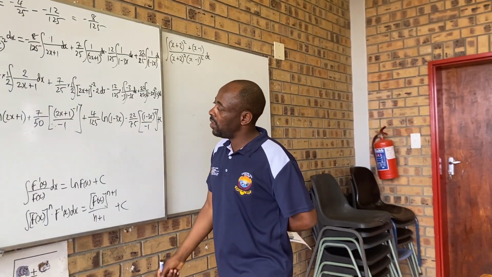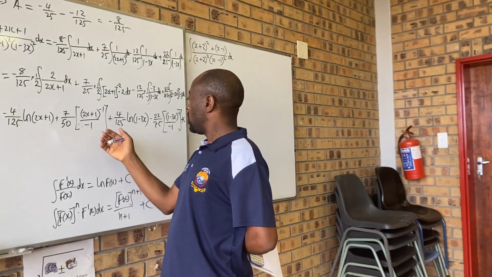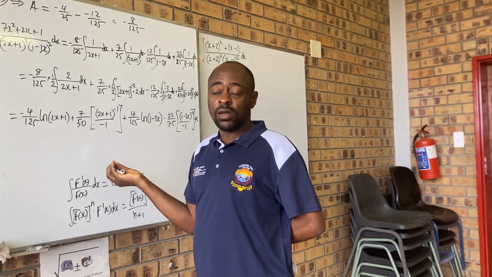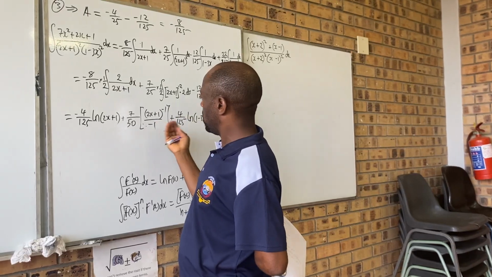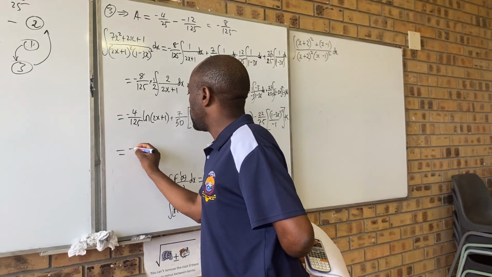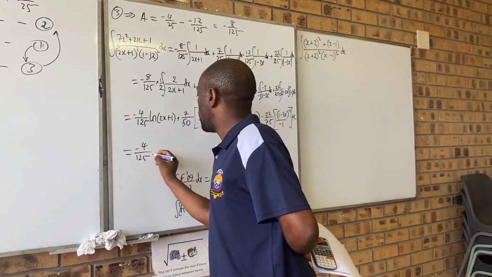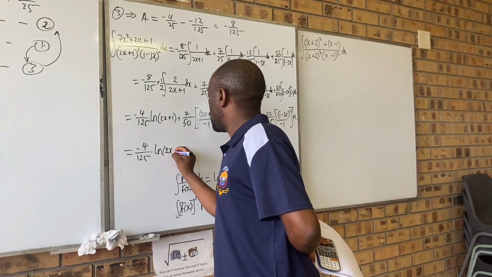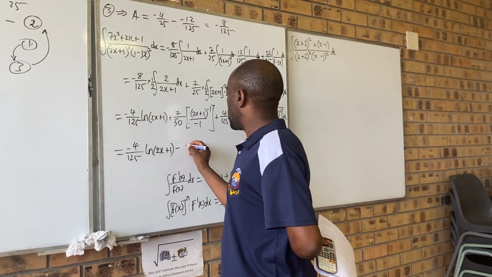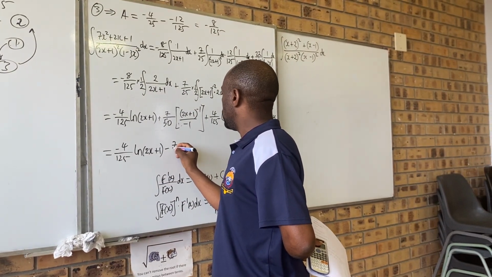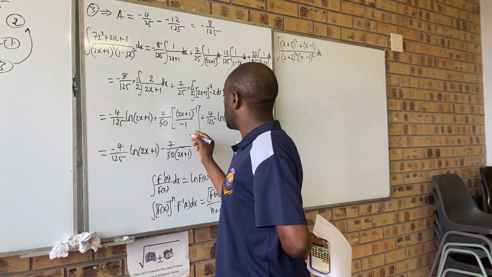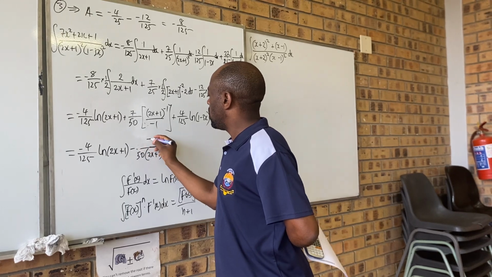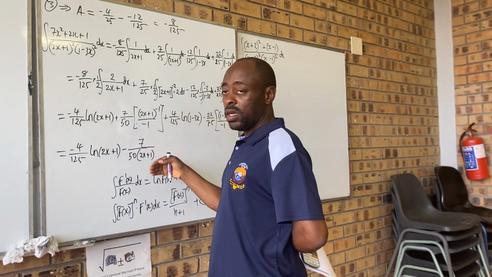So as an NC student, you can leave your answer like that, but if you want to simplify this, it's not a problem. We just need to take the negative 1 out, and this one comes down. So my final answer will be 4 on 125 ln of 2x plus 1. Then this becomes minus 7 over 50 into 2x plus 1, because now you see that the power that is negative 1 will drop.